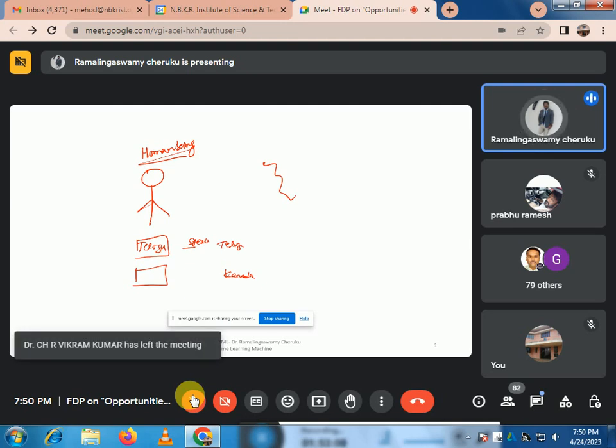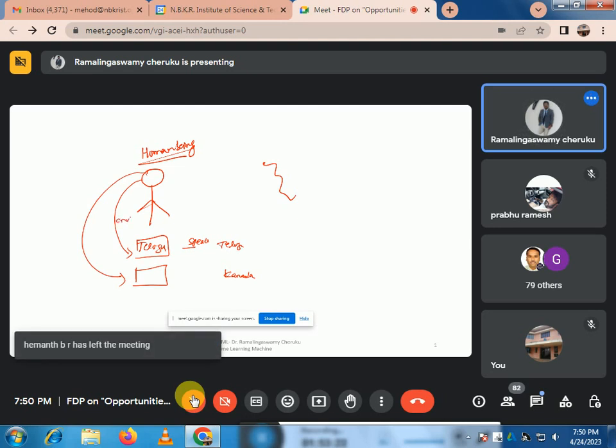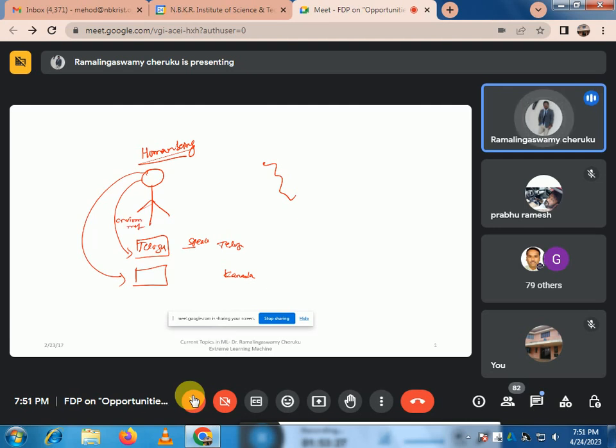When the same person is born and brought up in a Telugu state, he speaks Telugu. But when he is born and brought up in a different place, the environment changes, and he speaks a different language.